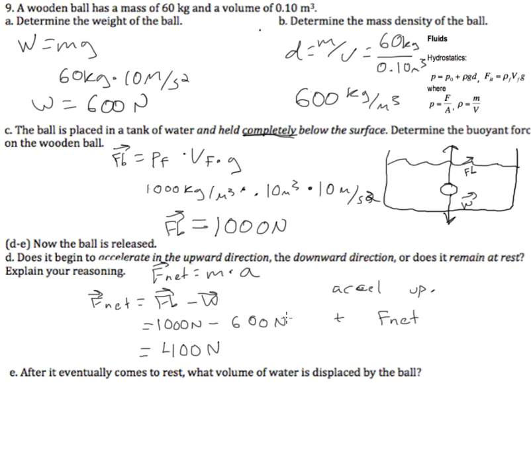So after it eventually comes to rest, what volume of water is displaced by the ball? At rest, we know that F net will be 0. And so we know it's going to be floating in some way. And our weight force is not going to change at all.